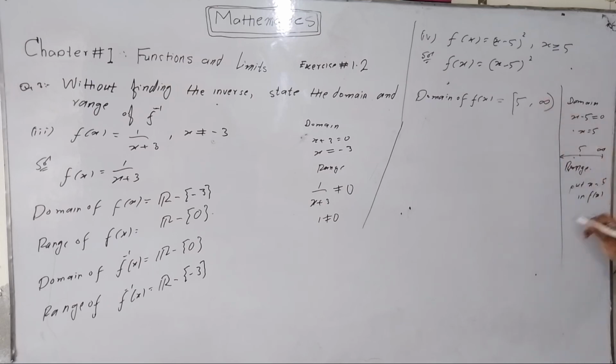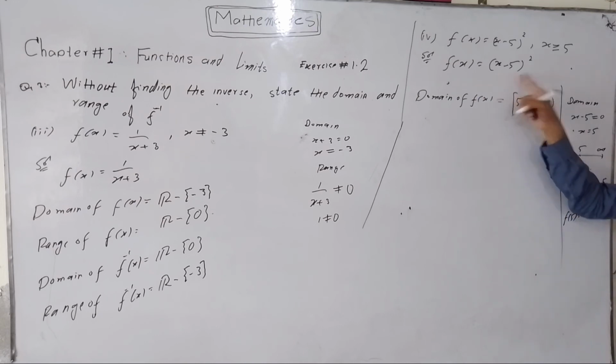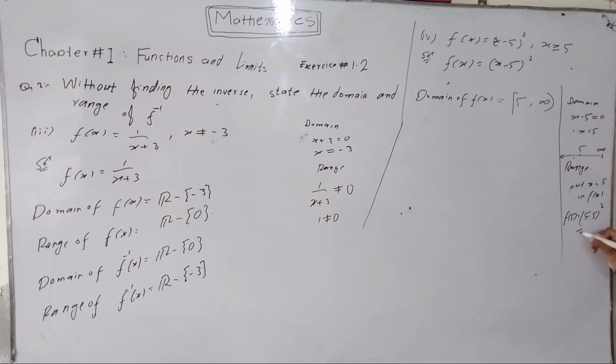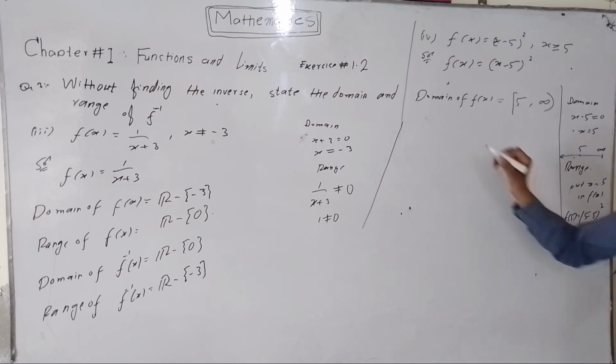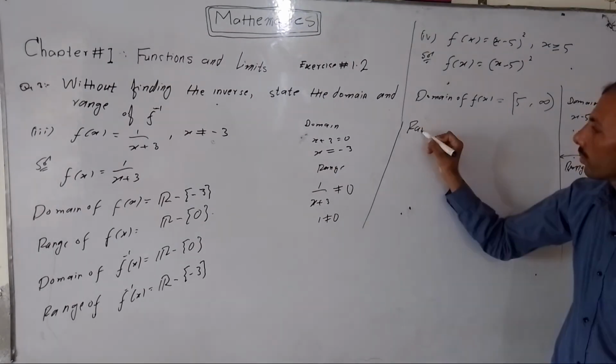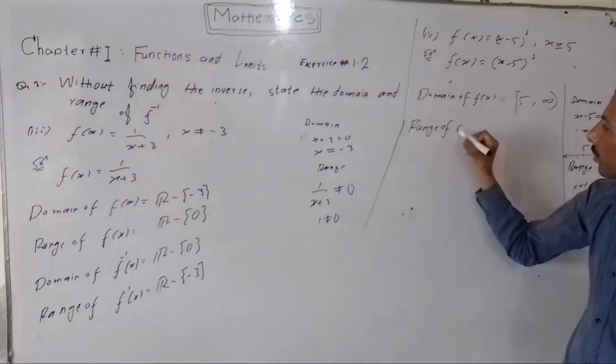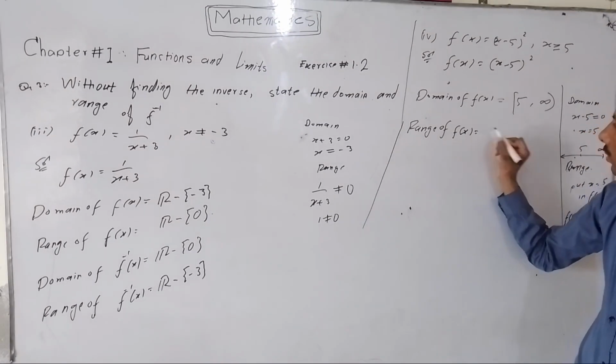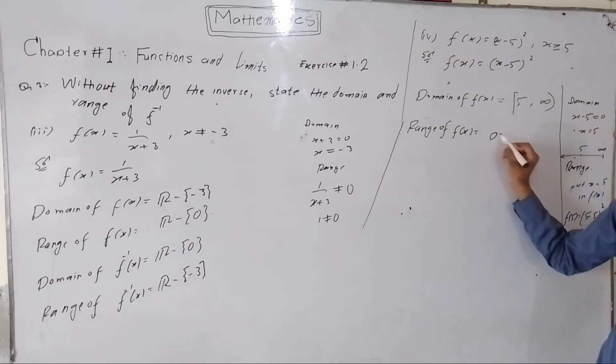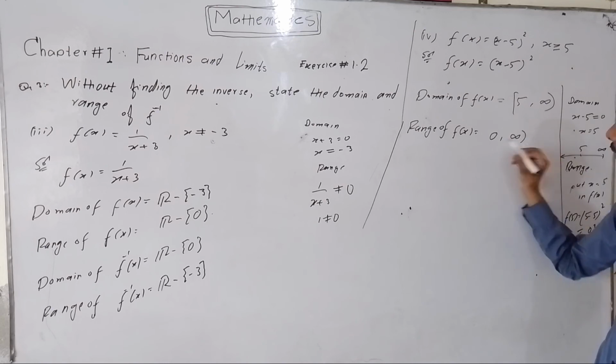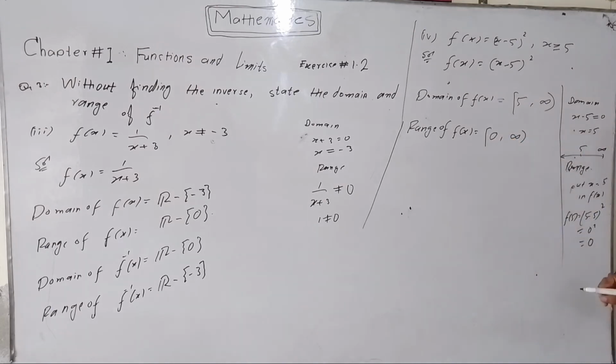So f of 5 is equal to 5 minus 5 whole square, is equal to 0 whole square, which is equal to 0. So range of f of x is 0 to infinity.